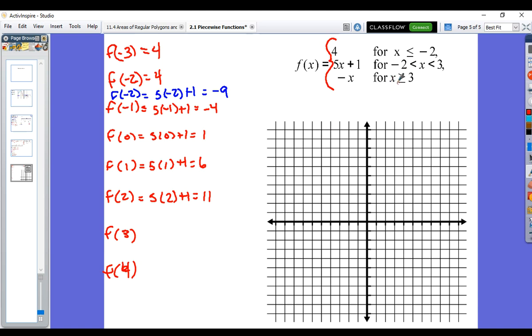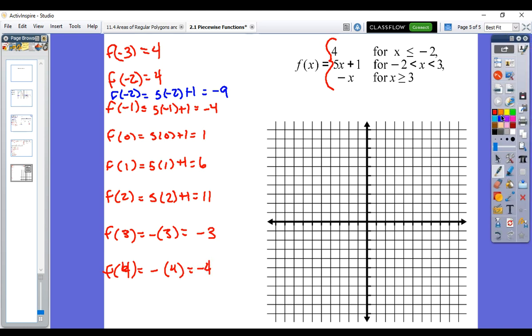F of 3 goes on to the next one. 3 is greater than or equal to negative 3, so it falls in this equation, which just gives us negative x. Substitute that in, so it'll be negative 3. Same thing right here, 4 would be negative x, which gives us negative 4.